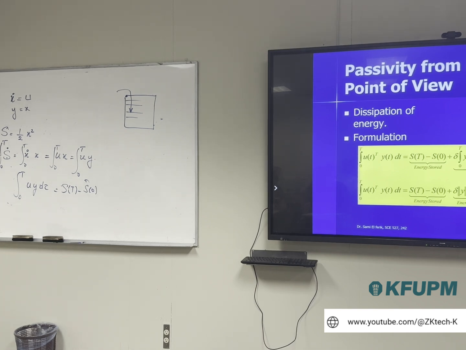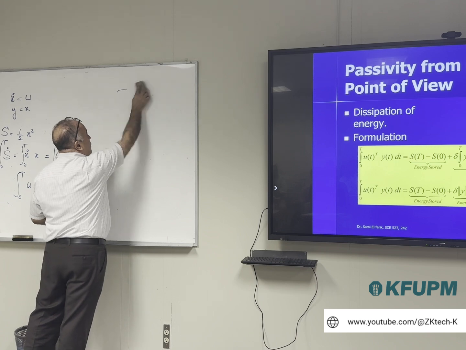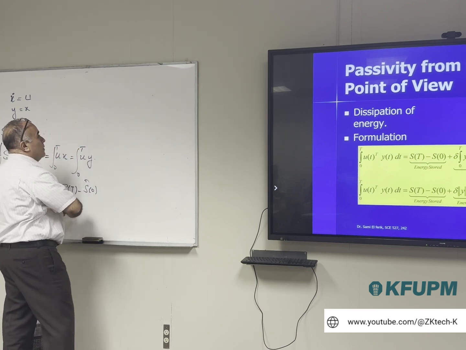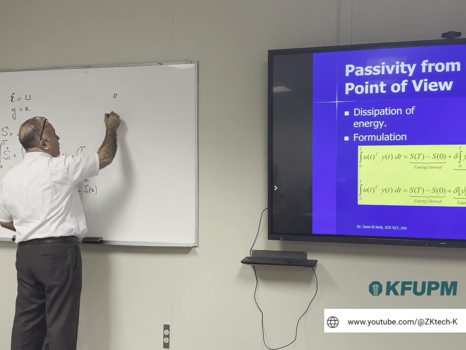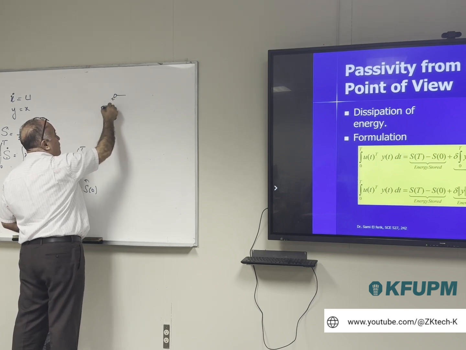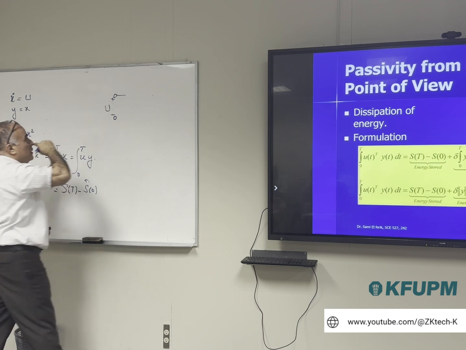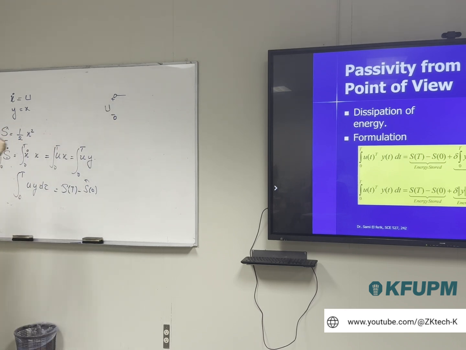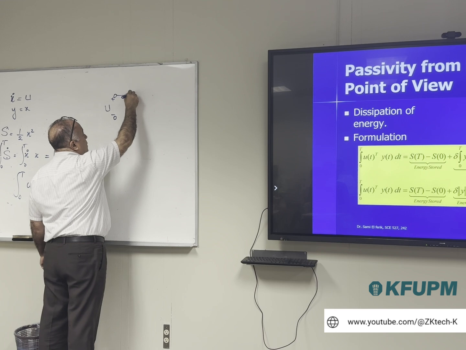Alright, now what will be the dissipation at the level of the input? At the level of the output. Let me start with the level of the output. Let me try to put some example here based on an electrical system. So if this is my input u, and then I have, for example, a resistance here.